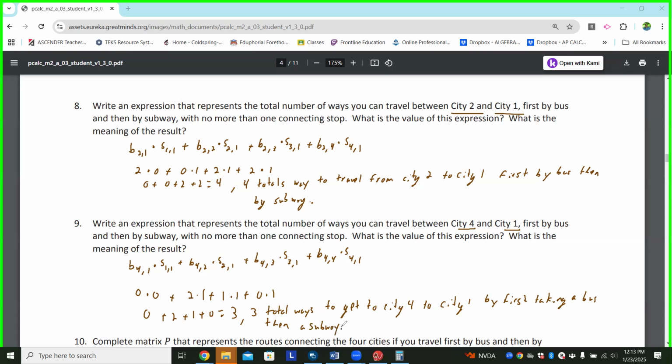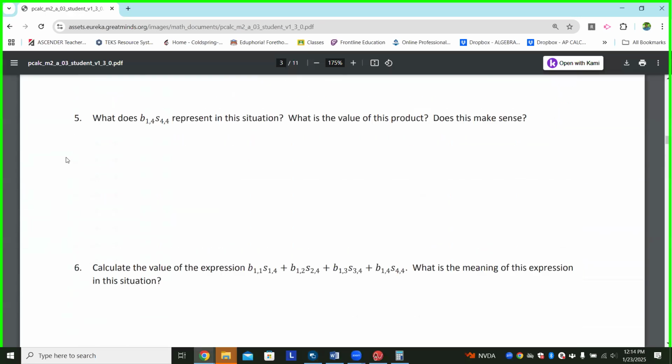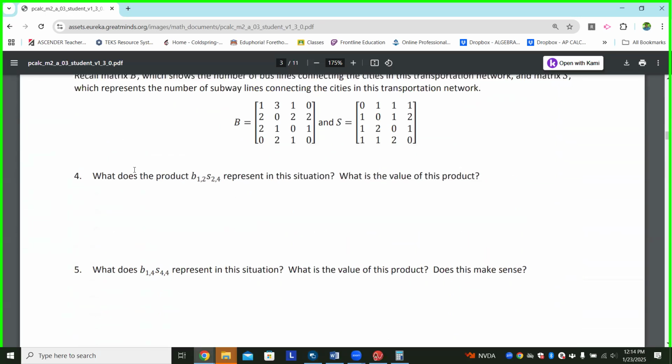Any questions there? All right, so one thing I need you to identify here is when we did this expression, if you look back at the matrix, I pretty much looked at what row on the B matrix. Let's go back to those 2 matrices that were given to you. When I was looking at number 8, what row did I pretty much take every single number out of?